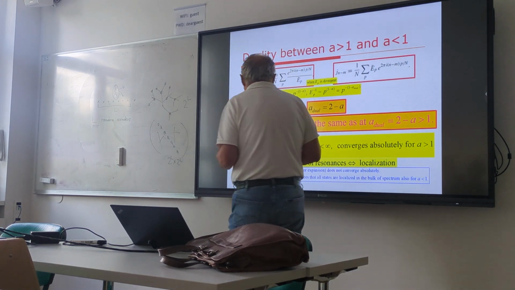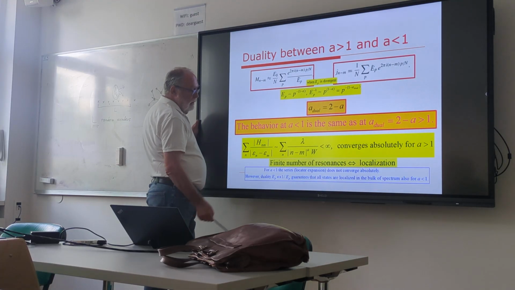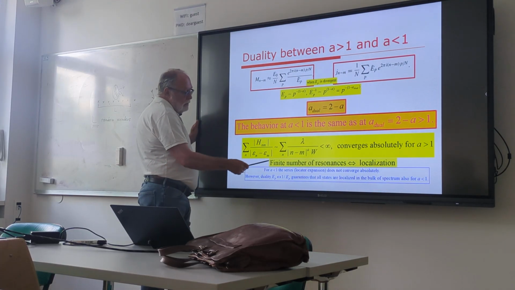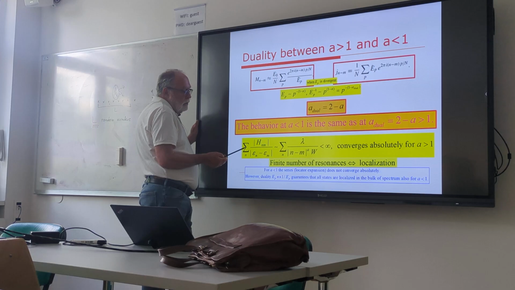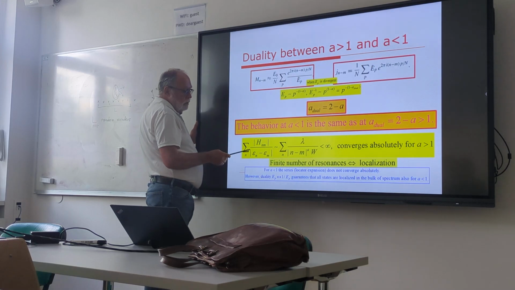Then the situation is simple, because if A is greater than 1, there is a criterion of localization which is called locator expansion.